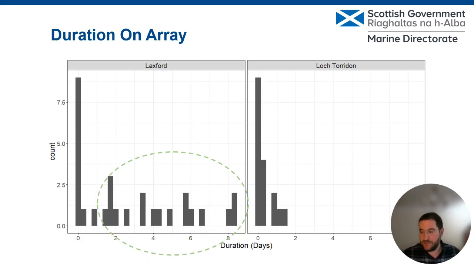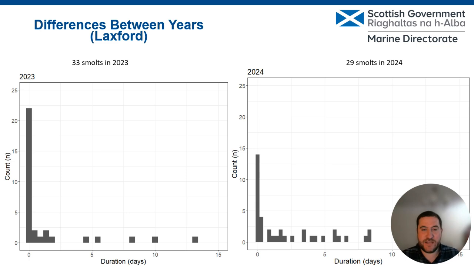When we look at the Laxford data between years, we can see quite a similar pattern: a number of fish pass through quite quickly in both years, but there are also a number of fish spending quite a bit of time on the array itself, for up to 14 days in 2023, and slightly less but still extended, up to 8 or 9 days, in 2024.